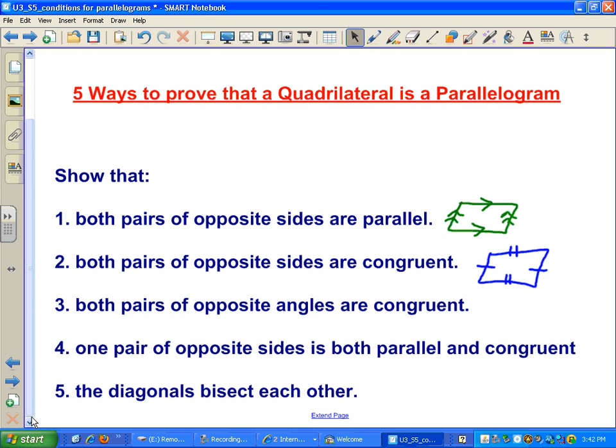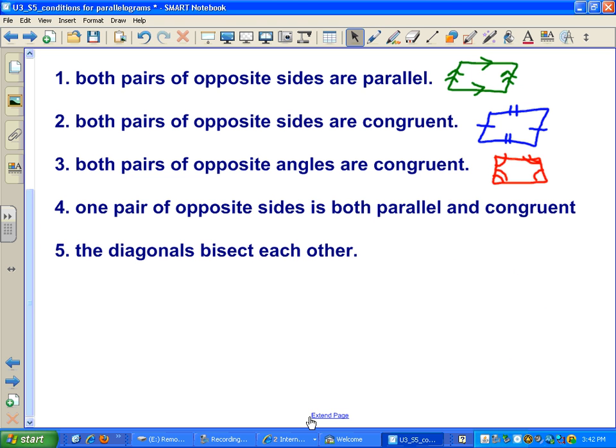The next way is that both pairs of opposite angles are congruent. Pay particular attention that I'm saying both, which would mean those opposite angles are congruent and those opposite angles are congruent. The 4th way is to show that one pair of opposite sides, and this is different because the first 3 I had to show both.